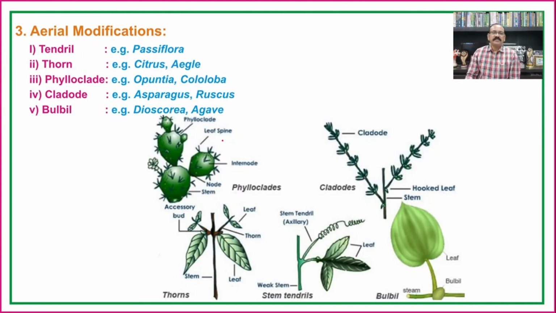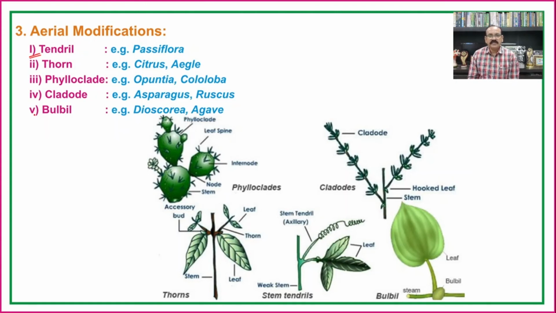In the third type, that is aerial modifications of the stem, the first one is tendril. Earlier we have seen it in the climbers that many stems are modified into the tendrils.